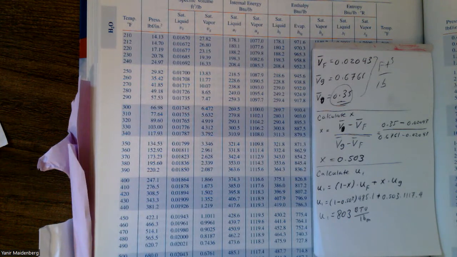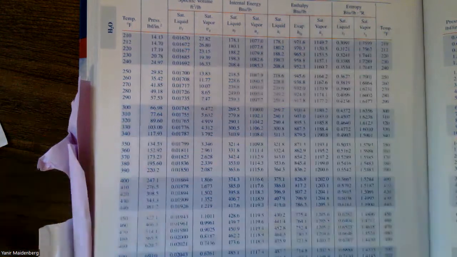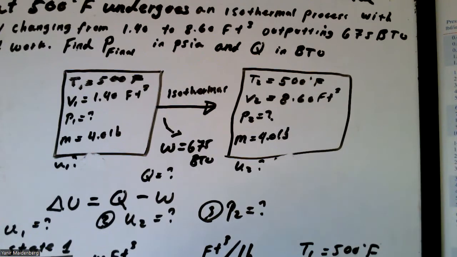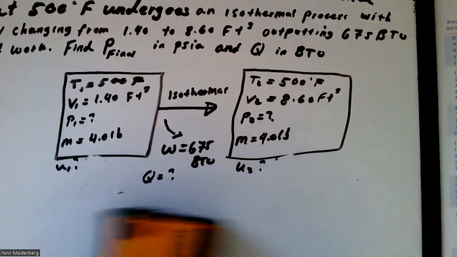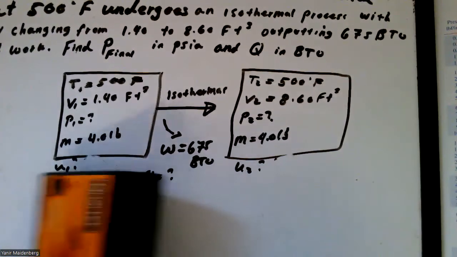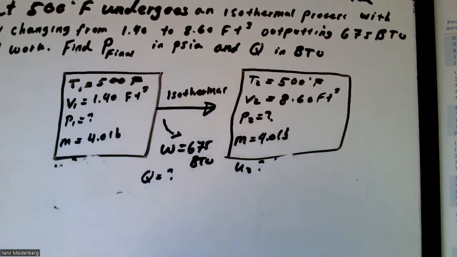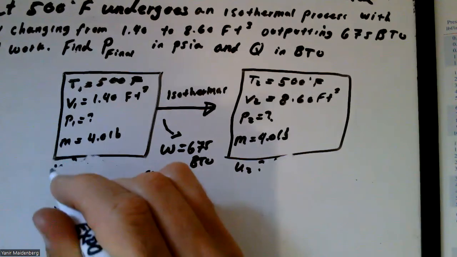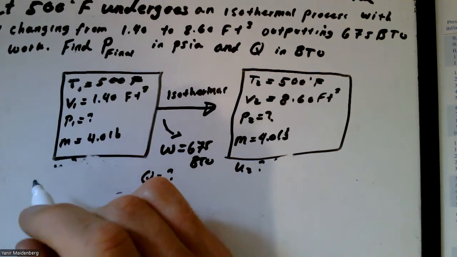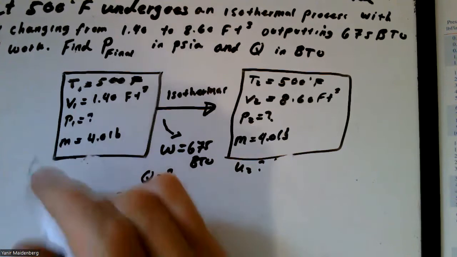So now I have U1. I'm going to write that in my little board here, which summarizes my system. U1, which we just calculated, is 803 BTU per pound.